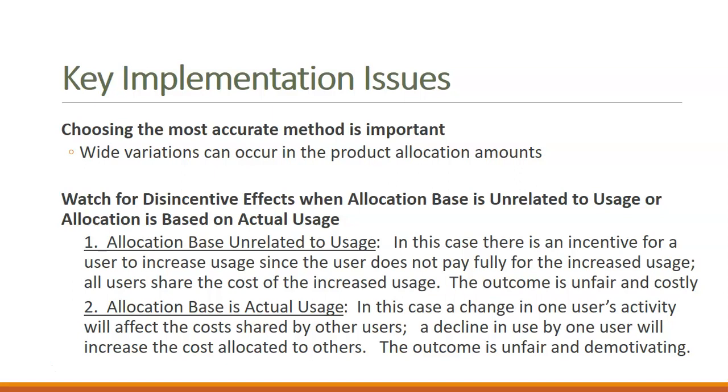Okay, it's unfair to allocate based on something unrelated to usage, because then different departments are going to take more than their fair share. There are a lot of internal organization politics around how these allocations happen. And much like anything else, there's no hard and fast rule that it has to be done this way.